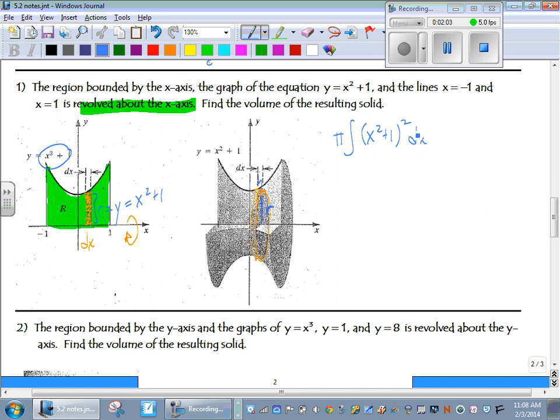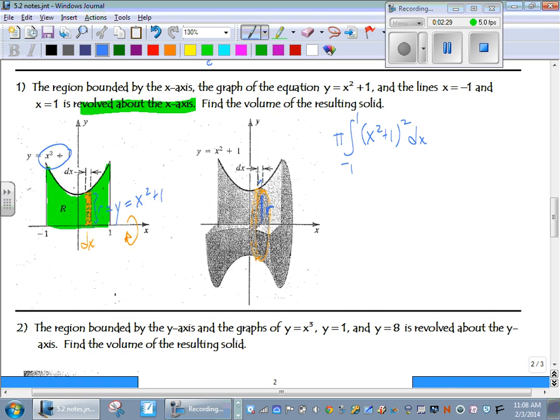For discs, the height's always going to be dx or dy, depending on which cut we're using. Radius is always going to be the function in terms of either x or y, depending on what we're doing. What's our lowest x value for this region? Negative 1, right? And then we're going up to positive 1.